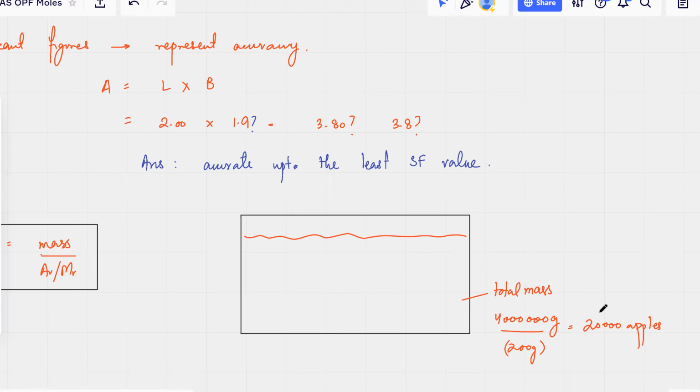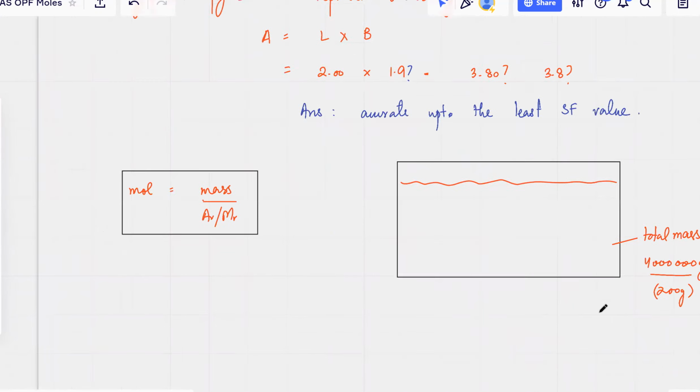Yes, sir. So atoms also, you count in the same way. You can't really count them one by one. What you do is you take the total mass, and if you have a piece of iron, you take the mass of that iron, and then you figure out what's the mass of 1 mole of an iron atom, and you divide by that, and you'll figure out how many moles you've got.